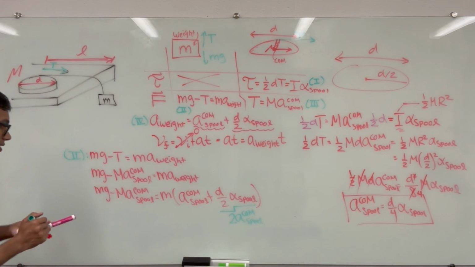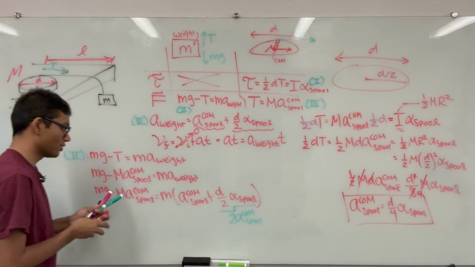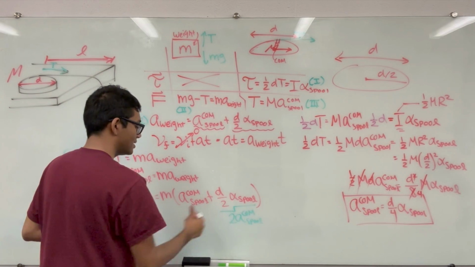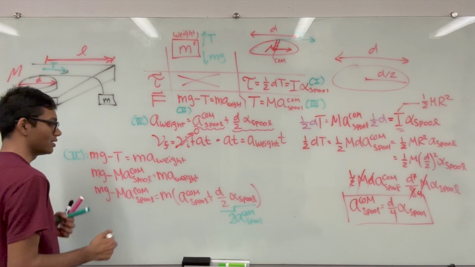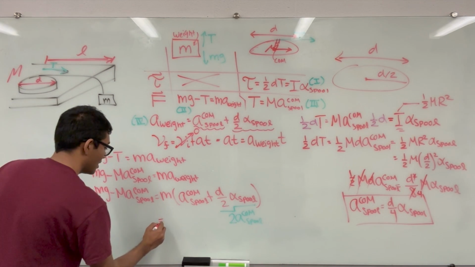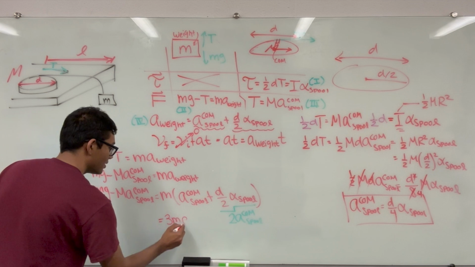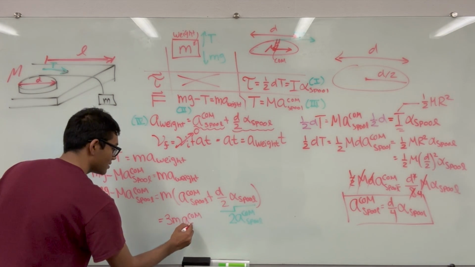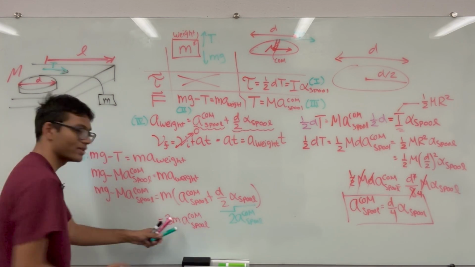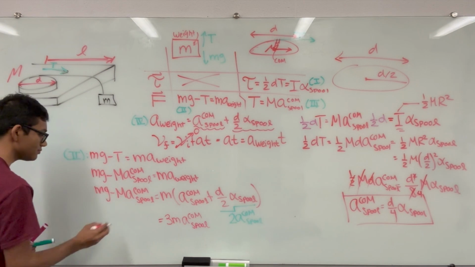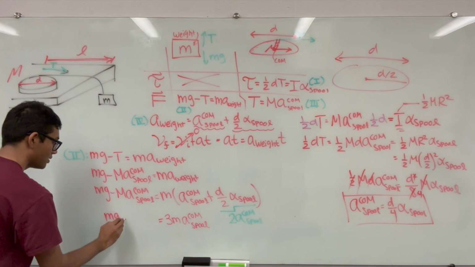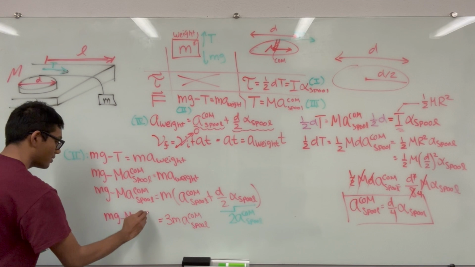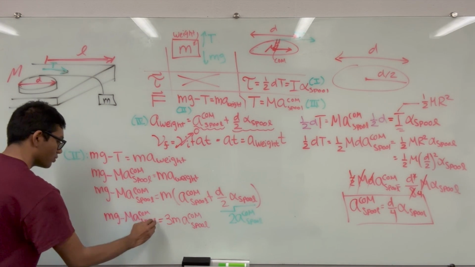So now let's see what I get. 2 times the center of mass acceleration plus 1 of that is just going to be 3m times the acceleration of center of mass of the spool, and that's equal to mg minus m times the center of mass acceleration of the spool.